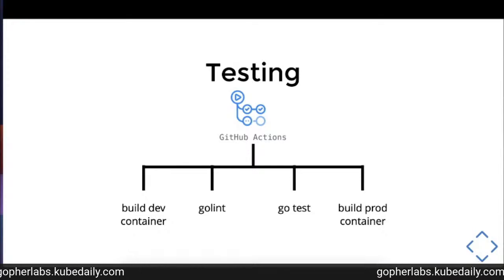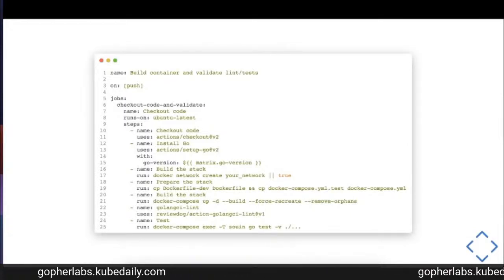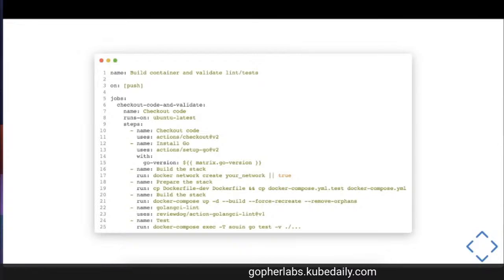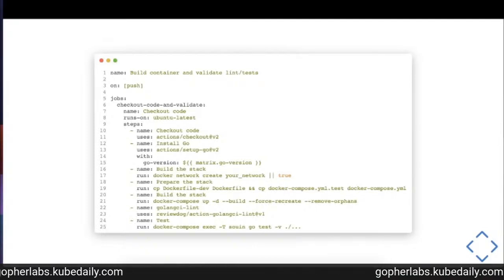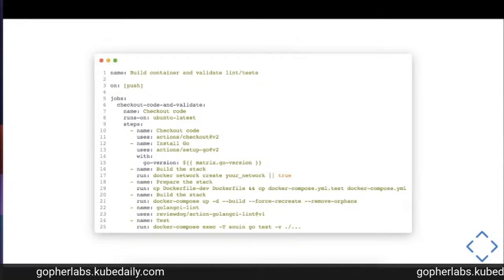So first, I check out the code and statically validate the code, and I'm summoning a Docker environment with Go, and I set up the Docker environment with the network.